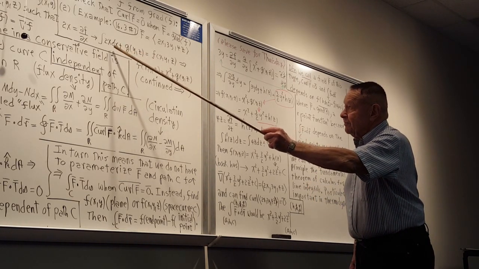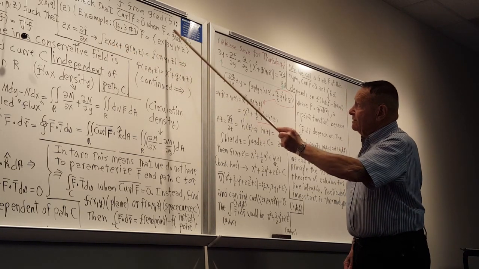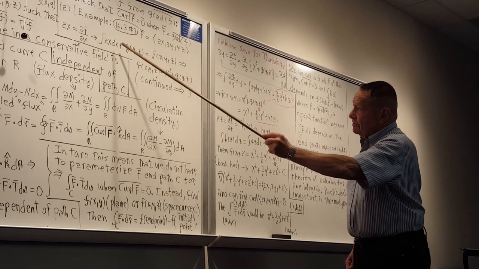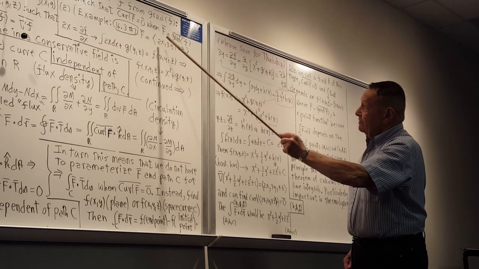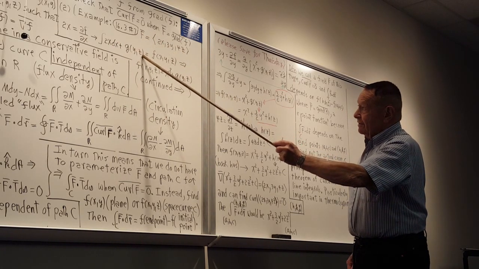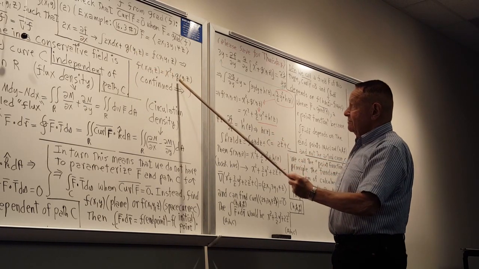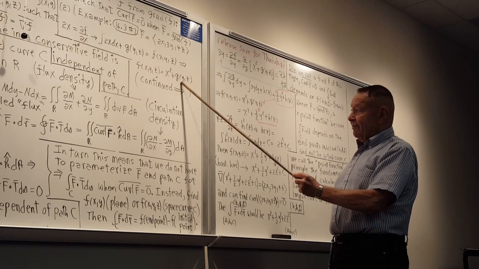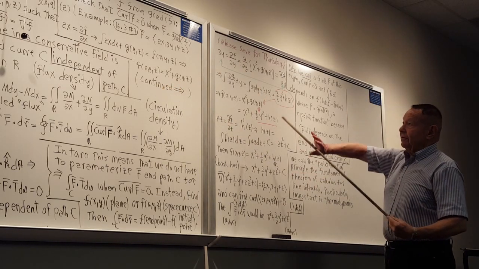So what I get here is that my scalar potential has the form: it must have an x squared so that you get this for its partial with x, and it can involve some y's and some z's. So I wrote it that way, okay? Then that's continued over here.